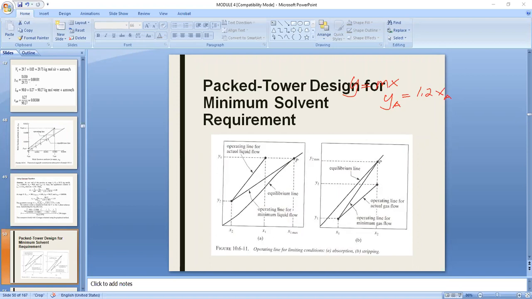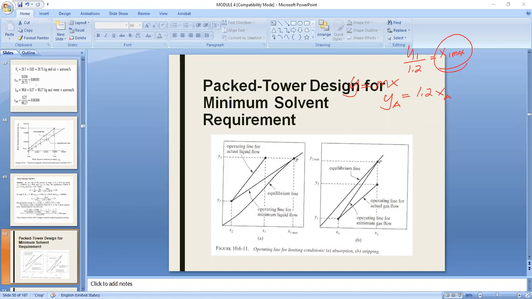So what we do to determine the X1 maximum or the Y2 maximum, we use this equation and determine the unknown. In the case of gas absorption, you use Y1. So for example, in this case, I'll use Y1 divided by 1.2, and that would be my X1 maximum.